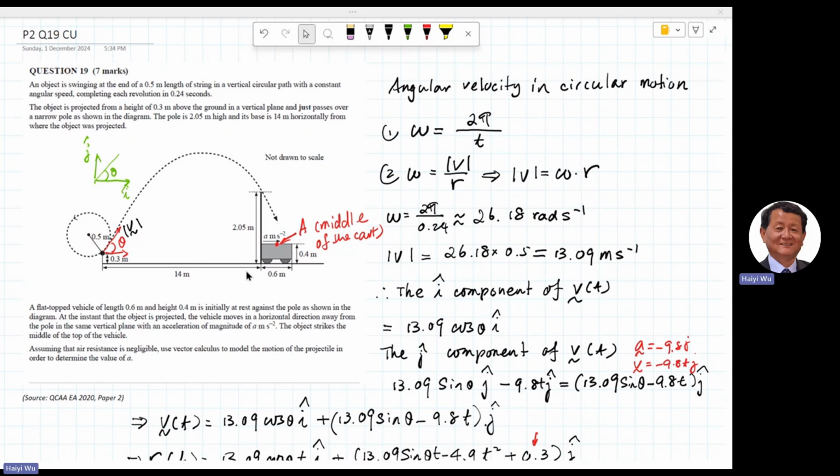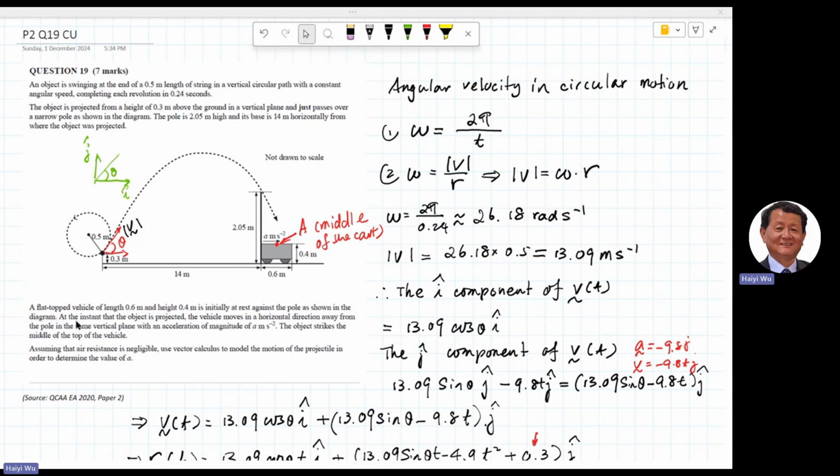This diagram shows you the flat-top vehicle. The vehicle has a flat top with a length of 0.6 meters and a height of 0.4 meters. Initially it is at rest against the pole, at the bottom of the pole on the ground, as shown in the diagram.